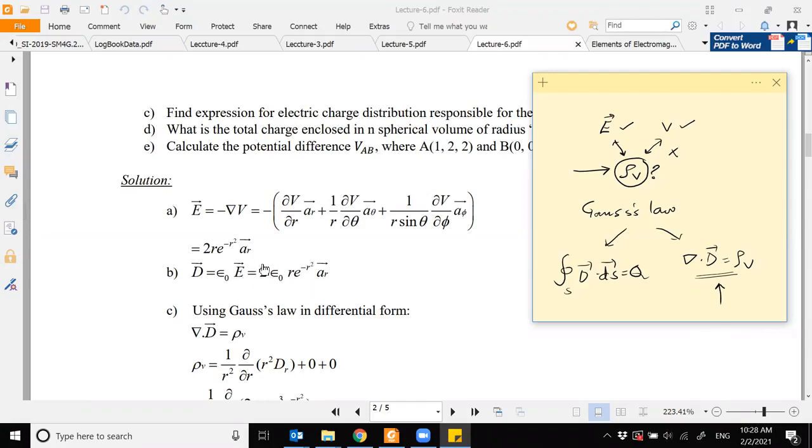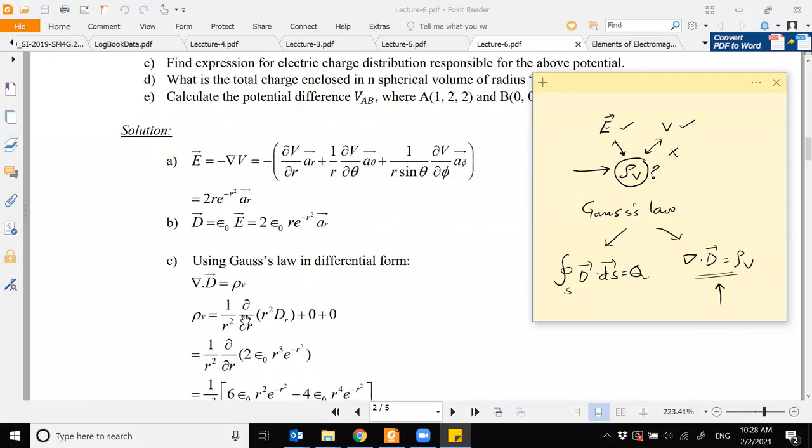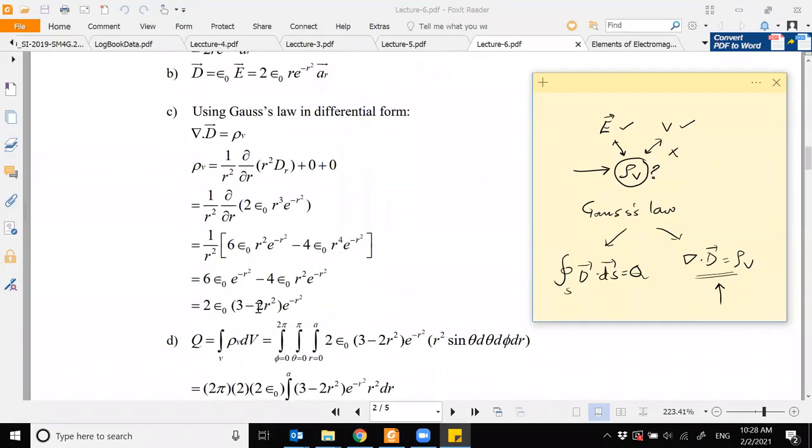If you find the divergence of D bar in spherical coordinates, you will see that the charge distribution rho v is again a function of r, and it is equal to 2 epsilon 0 times (3 minus 2 r squared) e to the power of minus r squared. This is the expression.